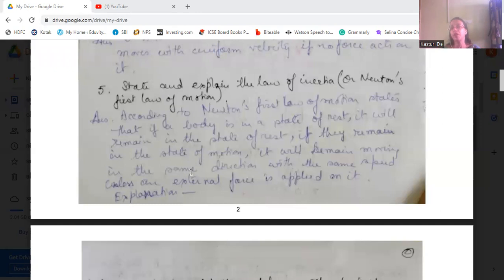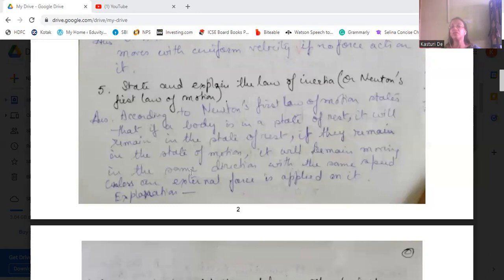With an example, we can say that if a car is moving, then unless you apply brakes on it, it will remain moving at the same velocity, in the same direction.